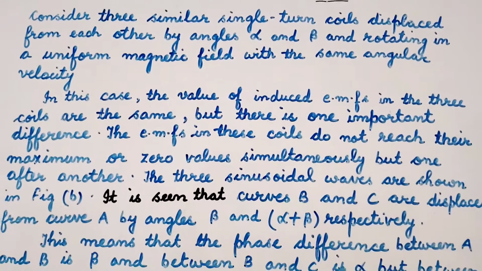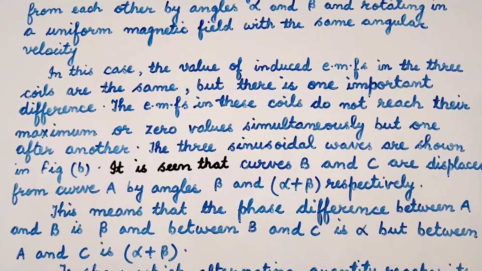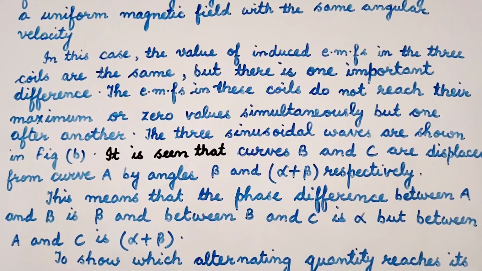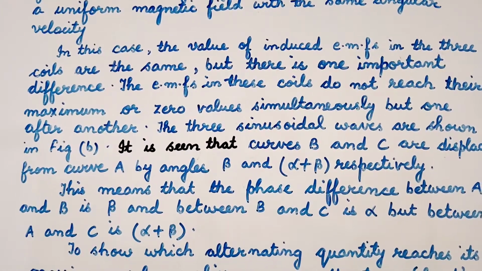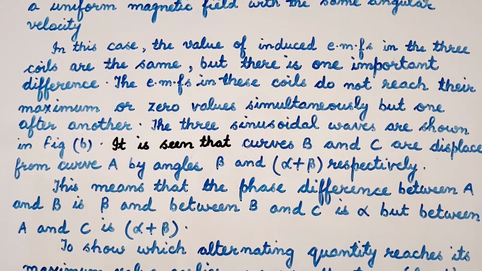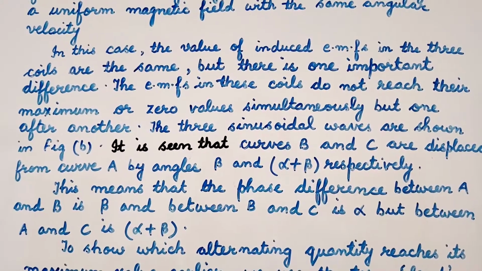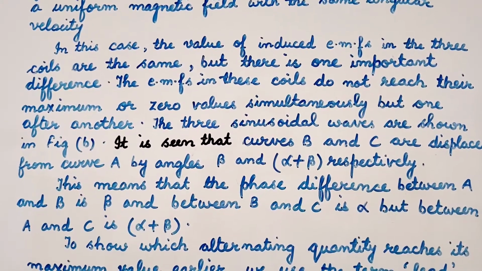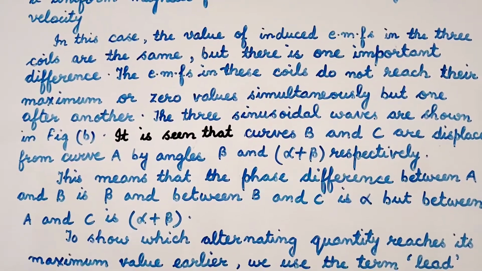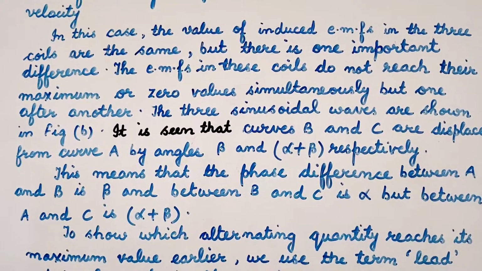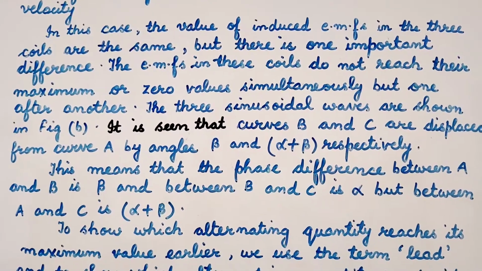So in this case we find that the value of the induced EMF in all the three coils are the same. The maximum value is also same, but there is one important difference, that the EMF in all these coils do not reach their maximum or zero values simultaneously, but one after the other. The three sinusoidal waves are shown in the figure.